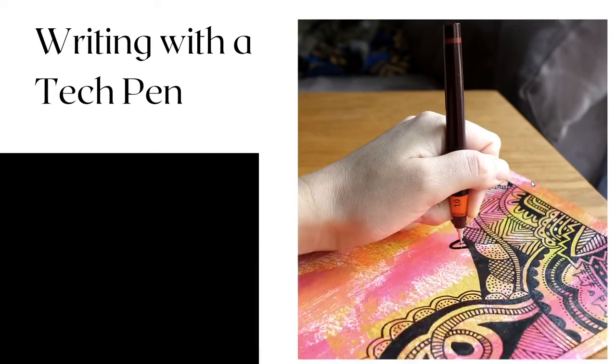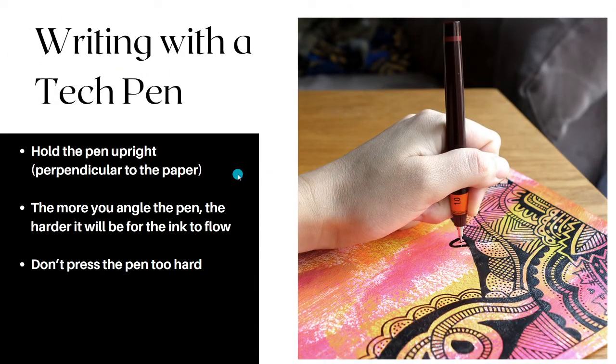Okay? When you write with a technical pen, dapat particular ta ani nga mga rules. First, we should hold the pen upright, or perpendicular to the paper. I think familiar ta ani. The more you angle the pen, the harder it will be for the ink to flow.